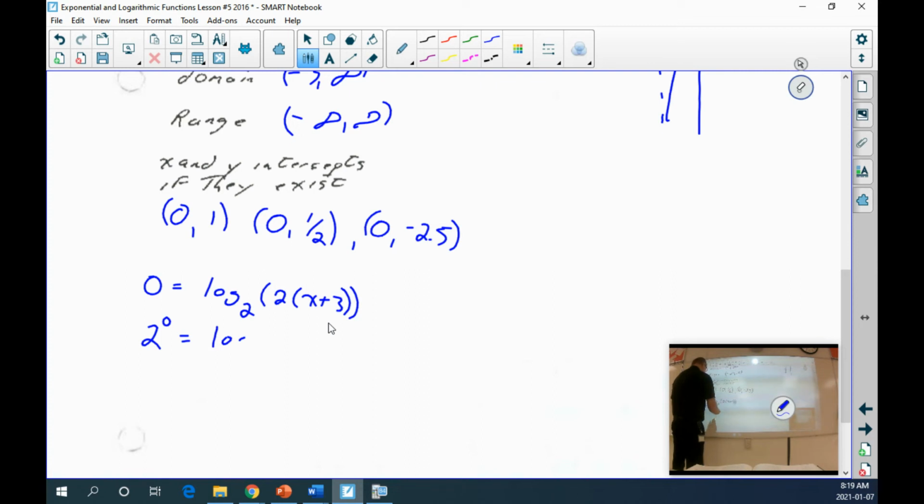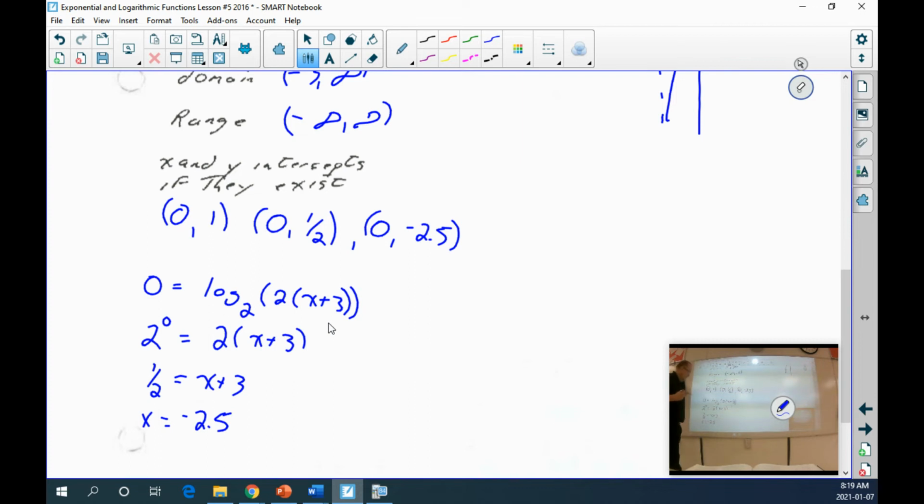The log is equal to 2x plus 3. 2 to the 0 is 1. Divide both sides by 2. And we have our negative 2.5. So again, whichever method you want to use to figure out your x-intercept.